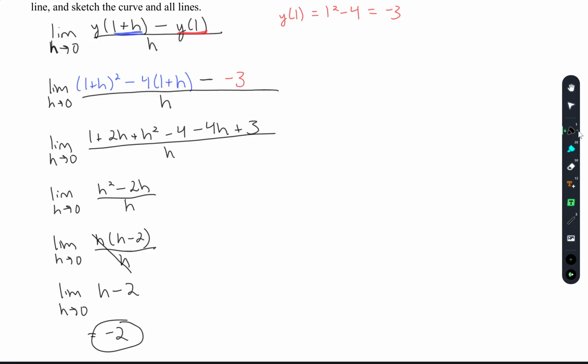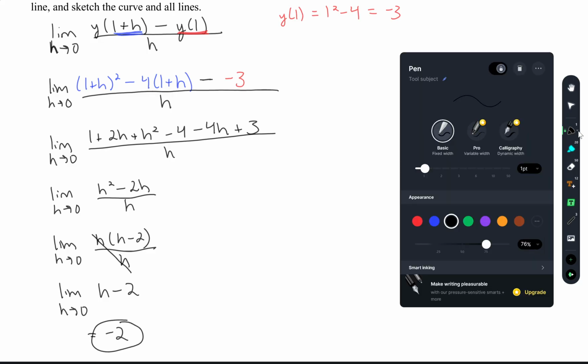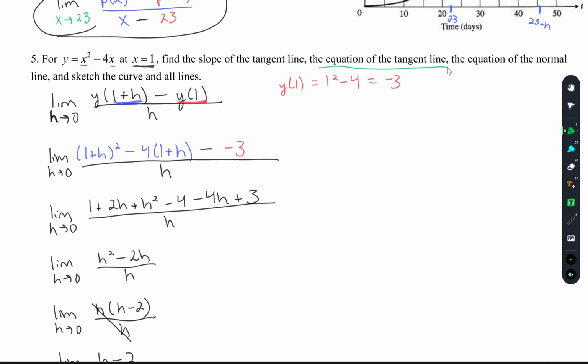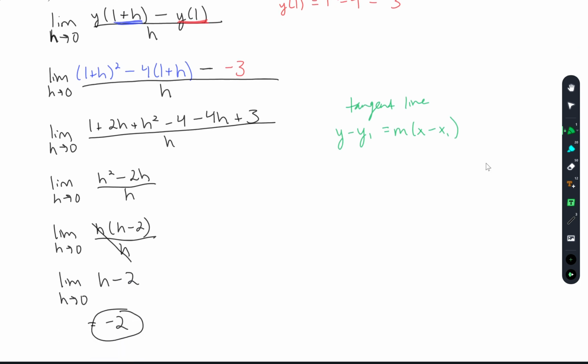So if you need to find the tangent line, what color do you want to do? Green? Sure. So, equation of the tangent line. Now it says line, tangent, but don't be extra about it. Just write an equation of a line formula. You're just plugging in.